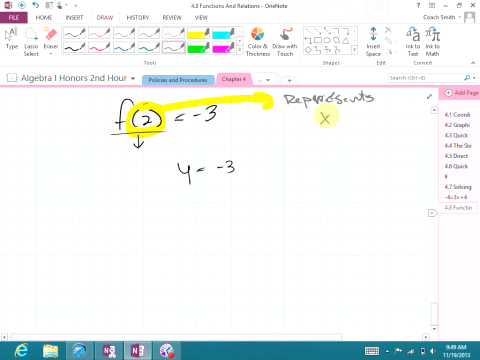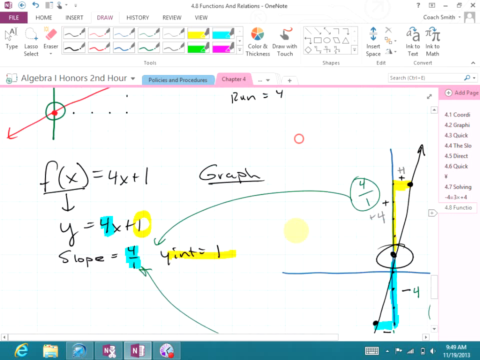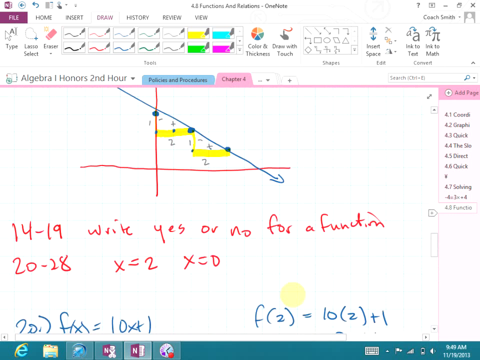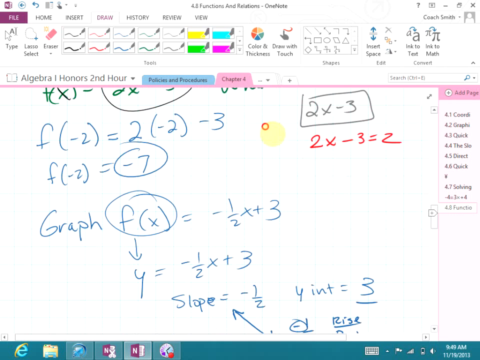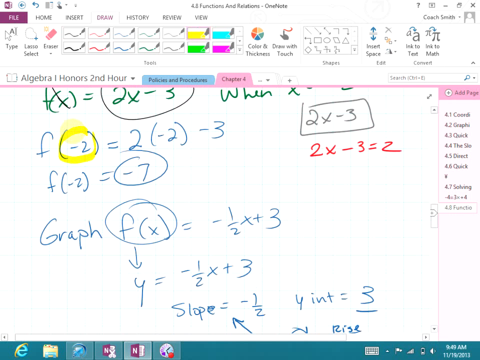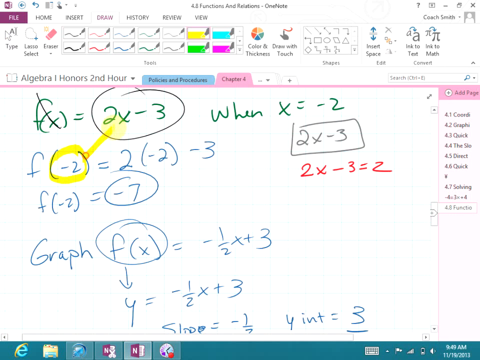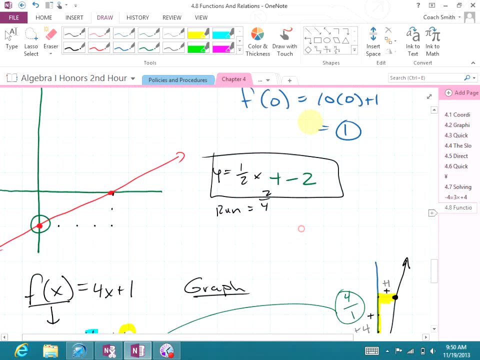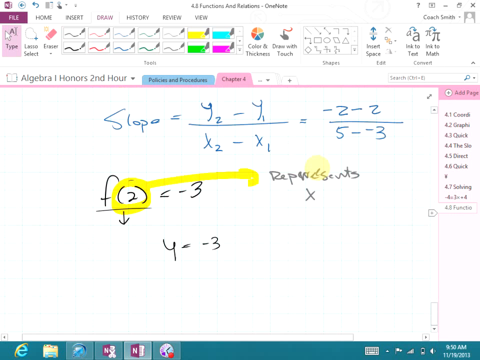The value in the parentheses, as we go back up here, represented the x. So in this problem, and this is how it always is, f of 2 here means that x is equal to 2 and y is equal to negative 3. So our ordered pair is 2 and negative 3.